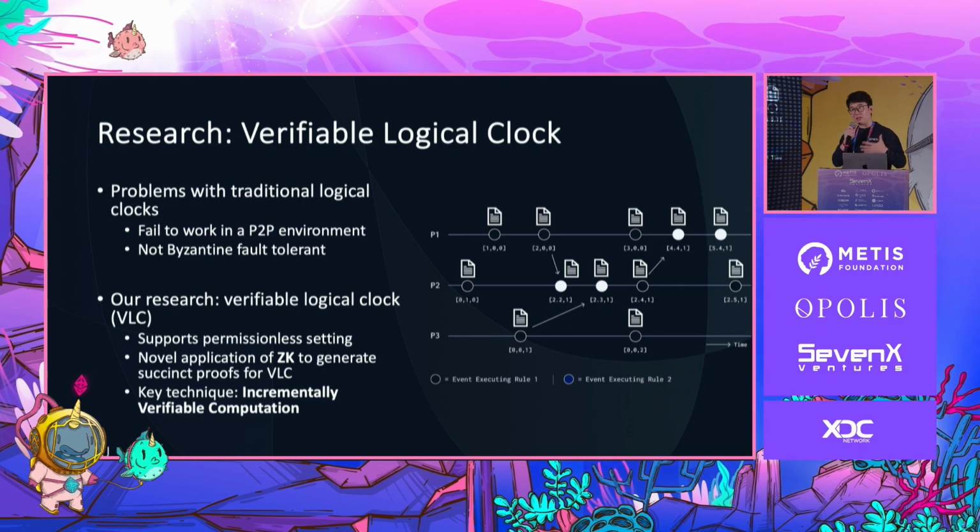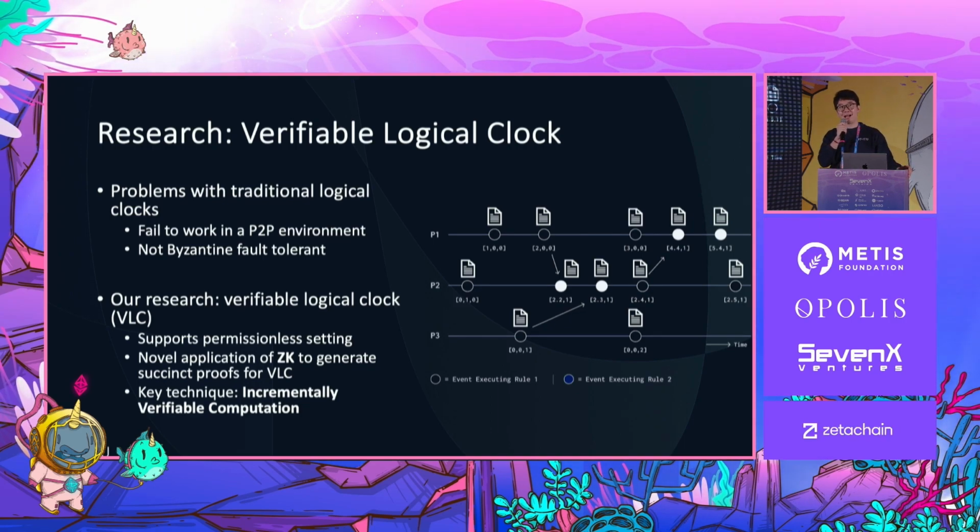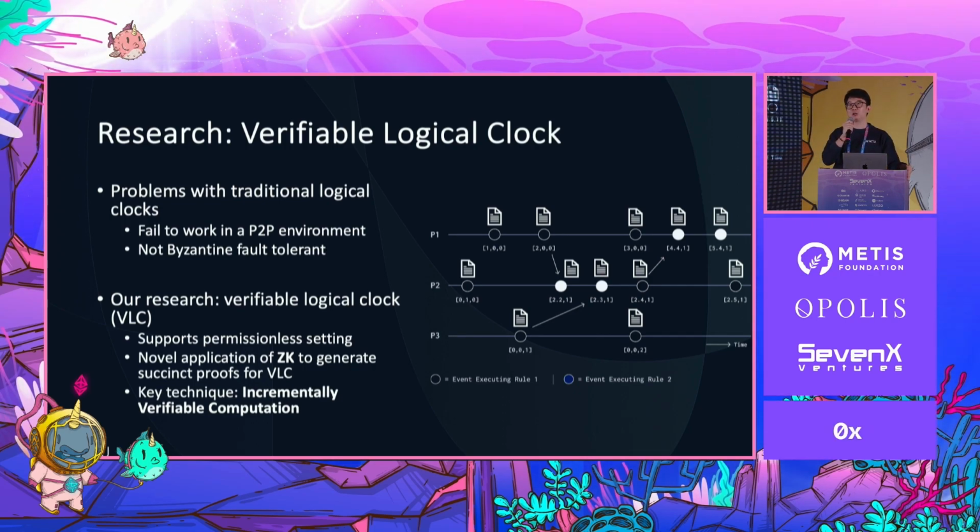So we have done some recent research, and we developed a new logical clock called a verifiable logical clock that ensures that the logical clocks passed in the system can be verified by any third party, right? That means nobody can create a false logical clock that breaks causal dependencies.